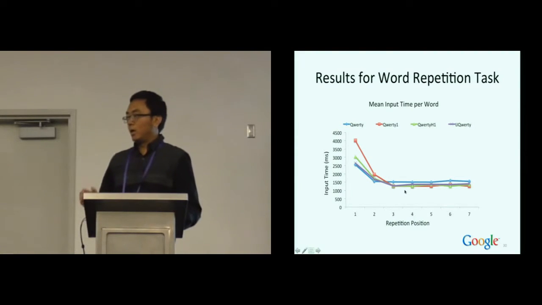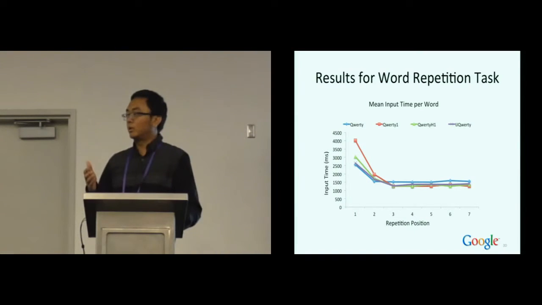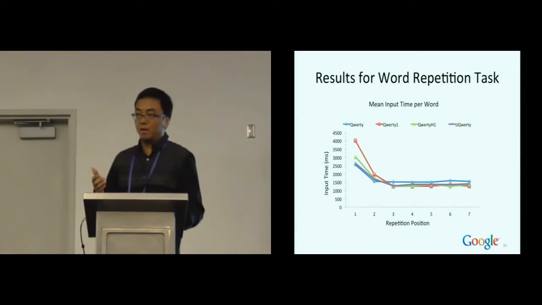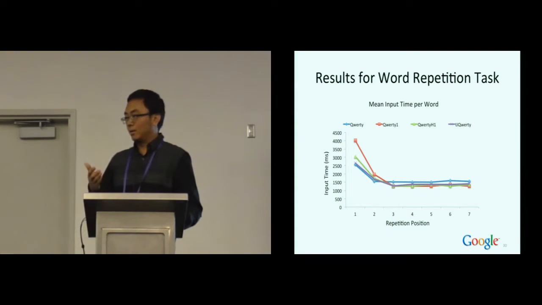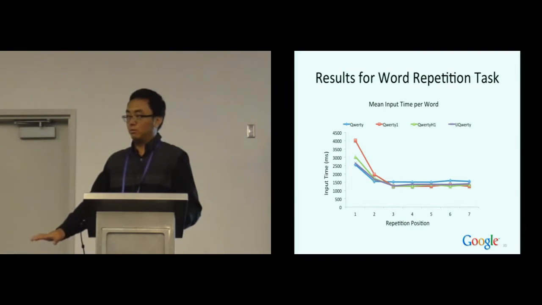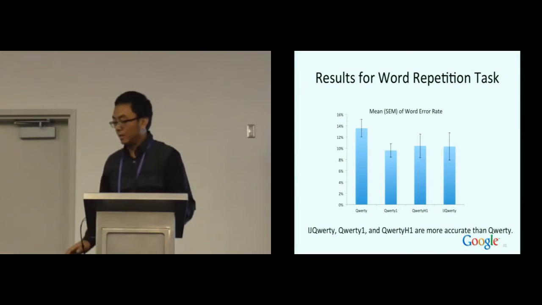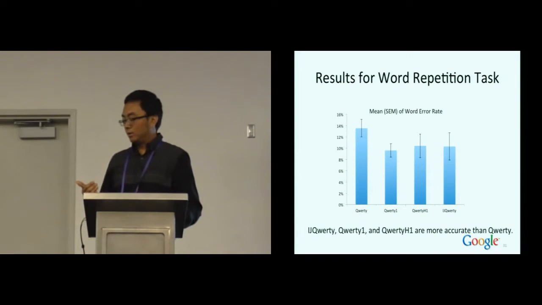Starting from repetition 3, we can see that all three optimized layouts have shorter input time than Qwerty, meaning that they are faster. The difference between Qwerty and the other three layouts is significant here. And here are the error rates of the four layouts.